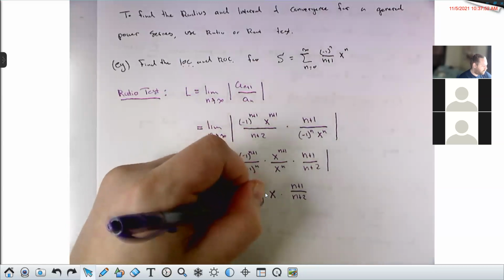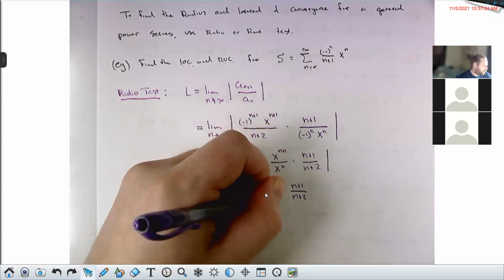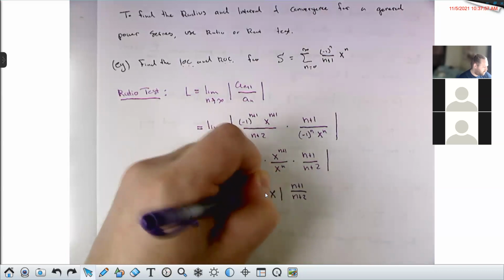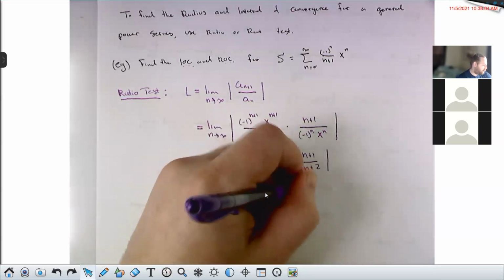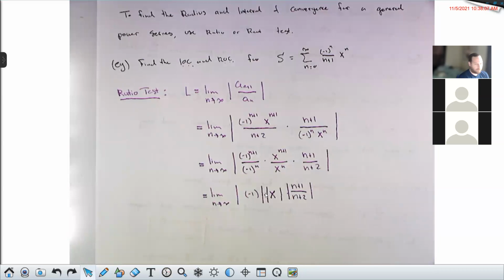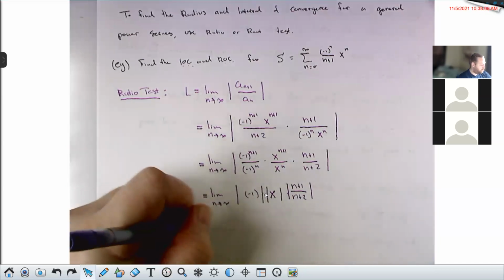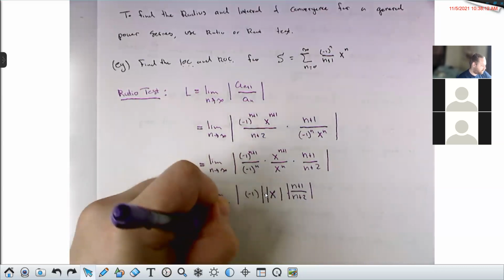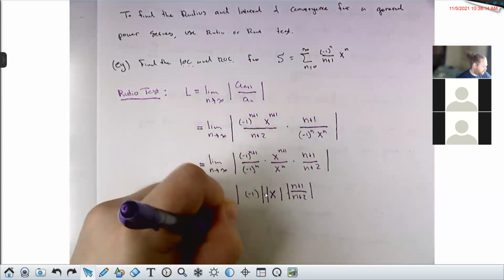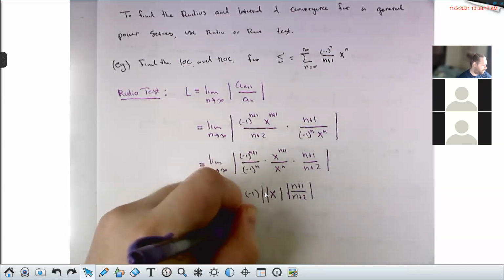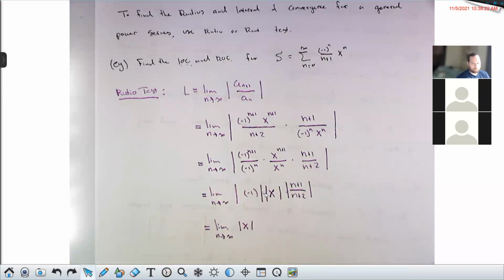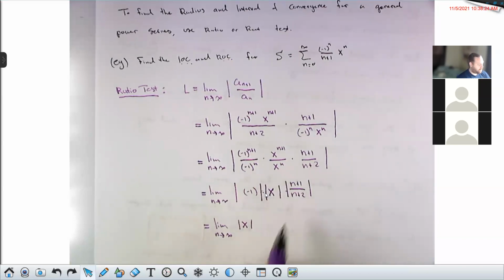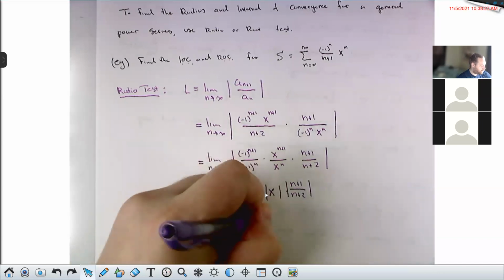But remember, absolute values play nice with multiplication and with division. So I can think of this like this. And since n plus 1 over n plus 2 is positive, it will lose its absolute values. The absolute value of negative 1 is 1. The absolute value of x is just the absolute value of x. And be careful there. You don't want to strip x of its absolute values. There's no guarantee that x is positive. n plus 1 over n plus 2, though, as n goes to infinity, that definitely is positive.